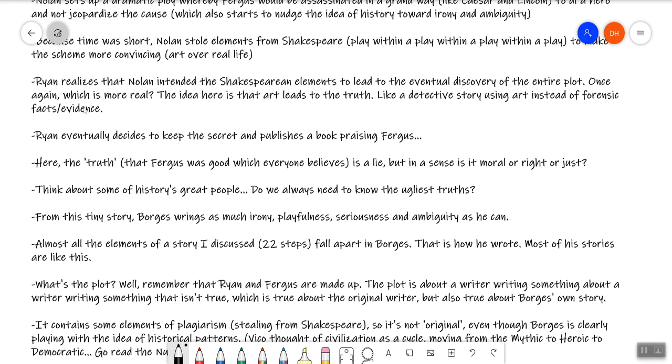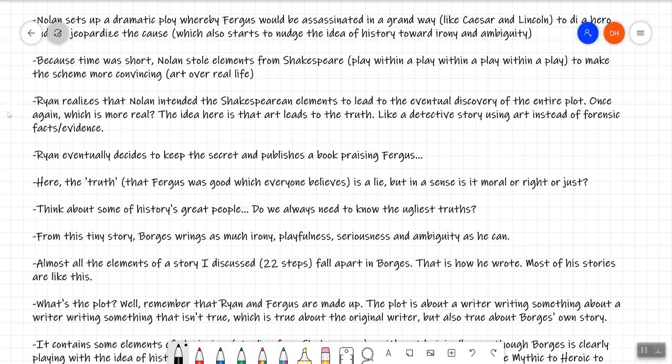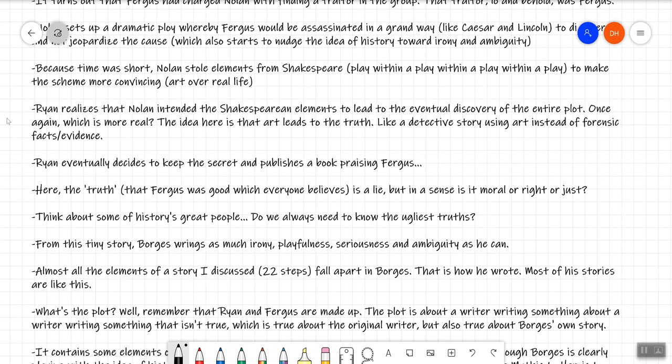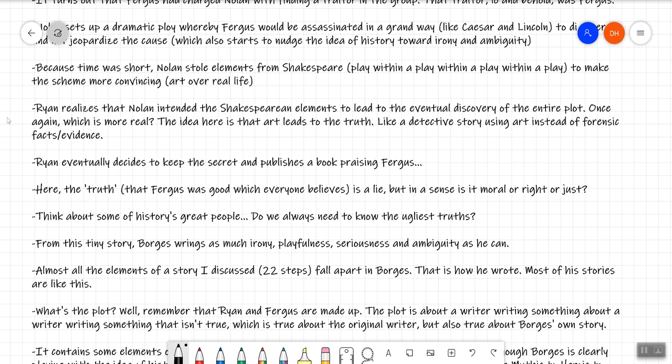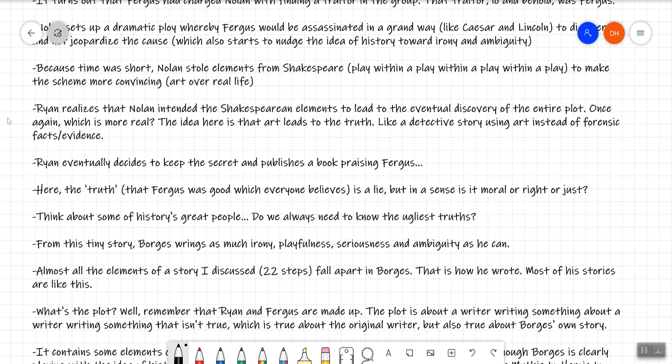Well, once again, which is more real? The idea here is that art somehow leads to the truth. So like a detective story using art instead of forensic facts or evidence. Okay? So art is more true in this sense in the story than reality itself, even though art, irony, is itself not quote unquote true.